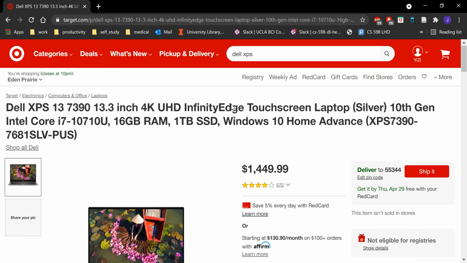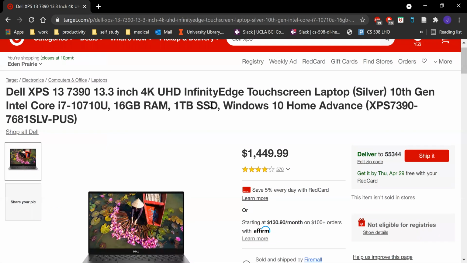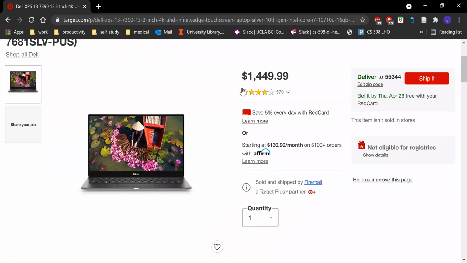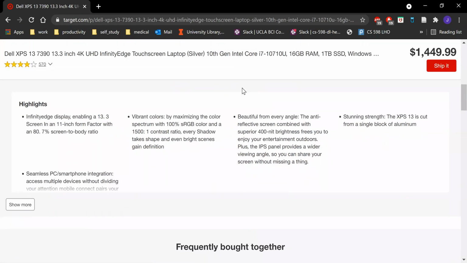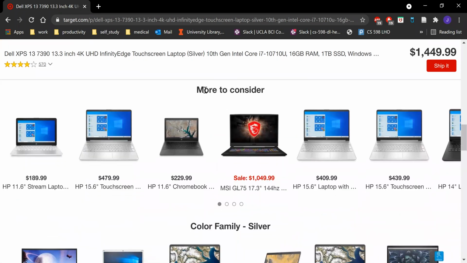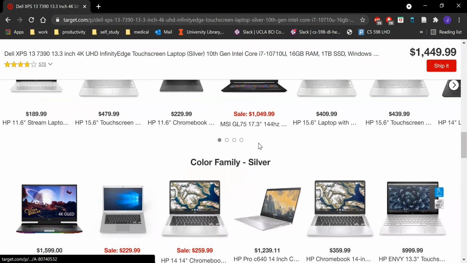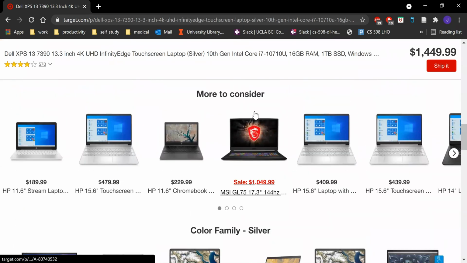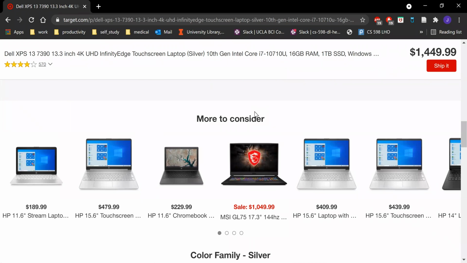For example, if I go to the Target website and I look at my favorite laptop, the Dell XPS, we can see that I will get other product recommendations, essentially other laptops and also accessories. So how does the system know what to recommend?